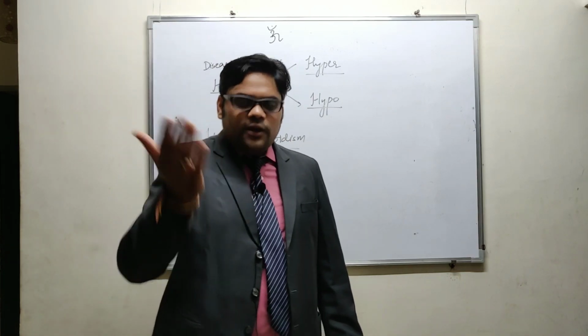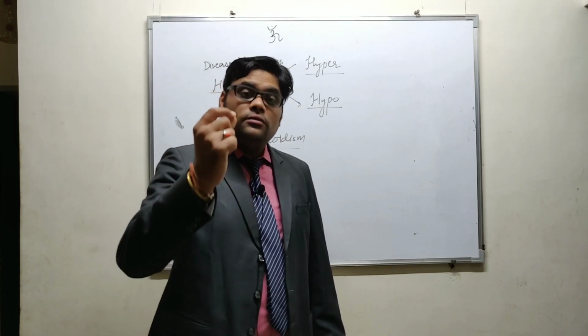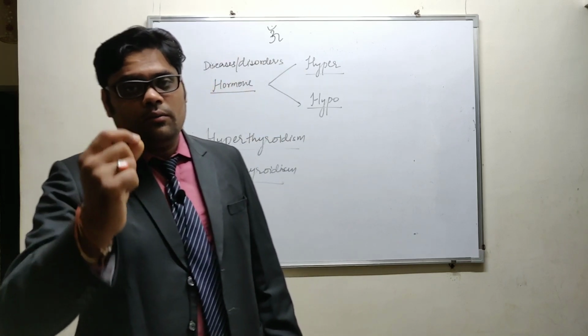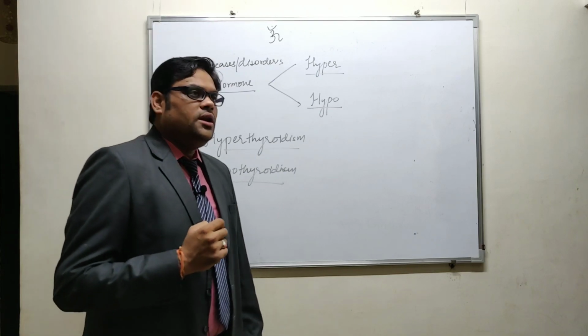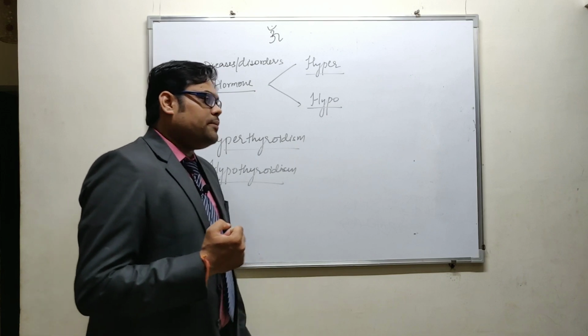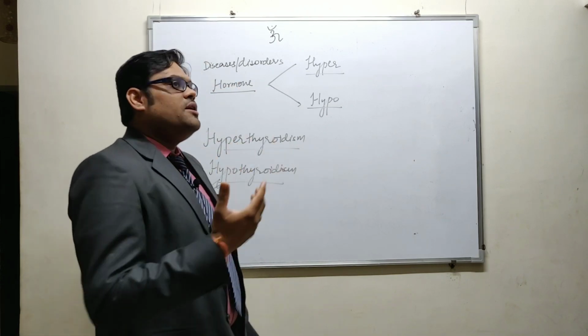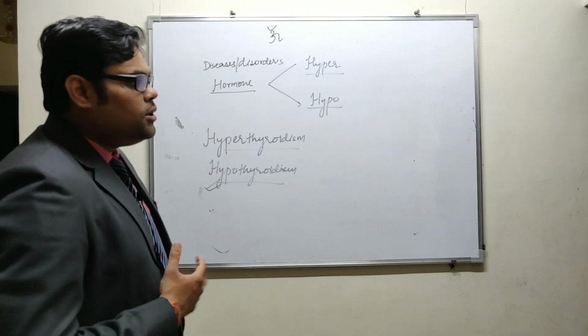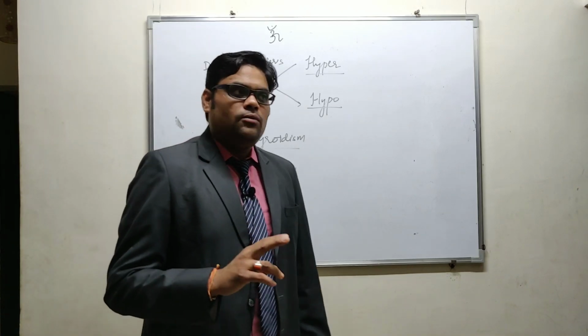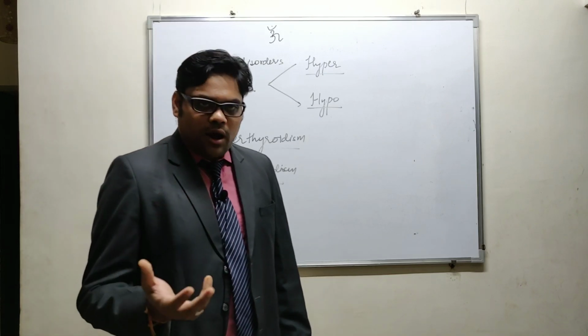It increases the level of calcium and phosphorus on the bone. Thyrocalcitonin increases the mineralization of bone. For example, if we have hyperthyroidism or hypothyroidism, the levels of both hormones will simultaneously go down or simultaneously go up.